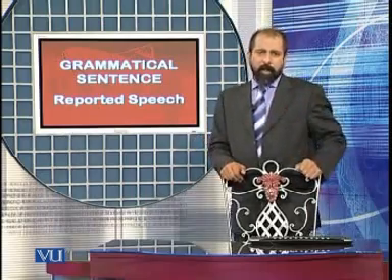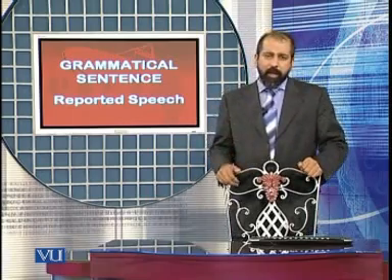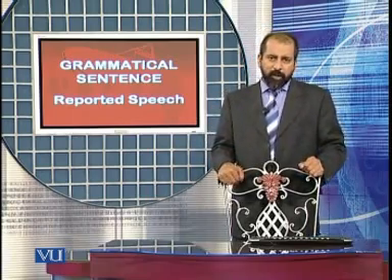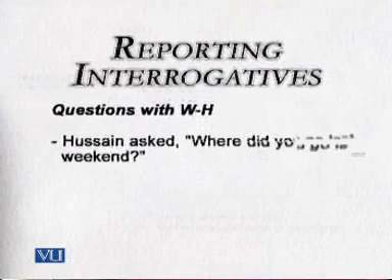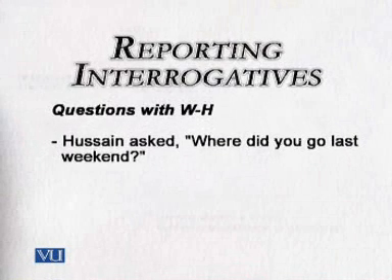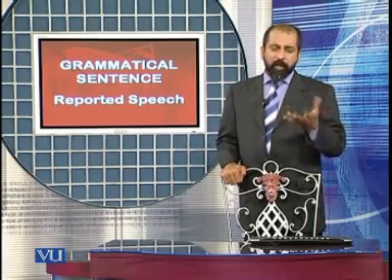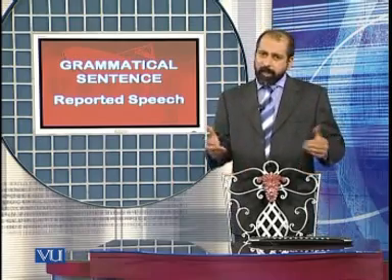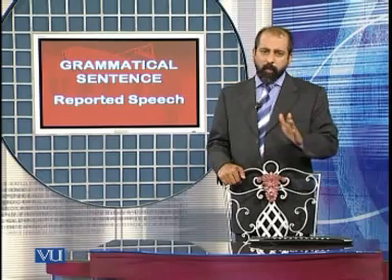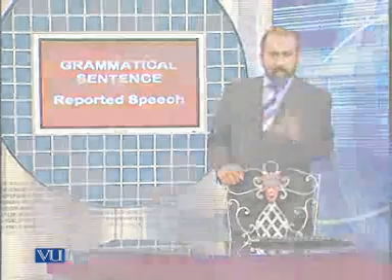Let's take a look to understand how WH questions go into indirect speeches. On your screen, you have Hassan asked, where did you go last weekend? Now, this is where, which denotes place, actually. And as I said before, no if, no whether, no that. Simple, starting from where.